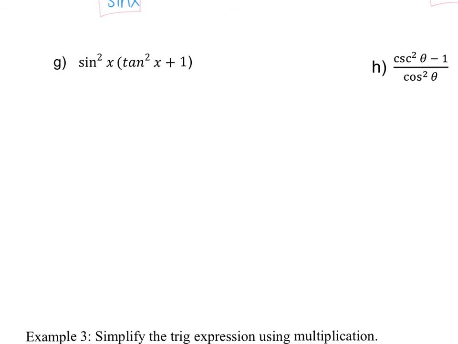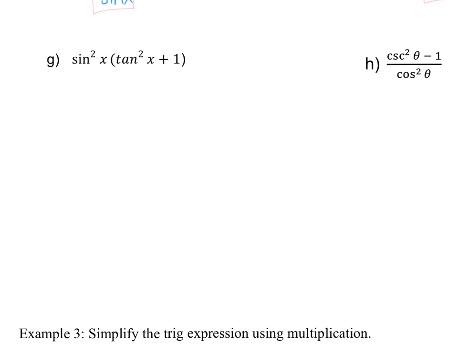So for part G here, we have sine squared times tangent squared plus 1. Immediately I'm starting to recognize that I see a tangent squared plus 1, and that makes me think, wow, maybe that's a Pythagorean identity. We were talking about Pythagorean identities before.